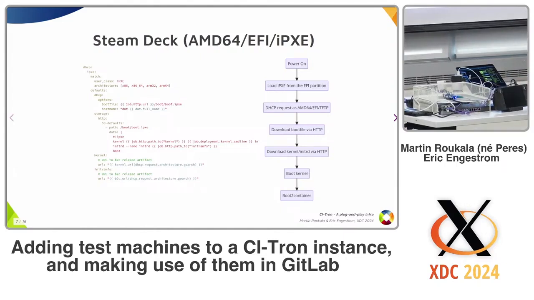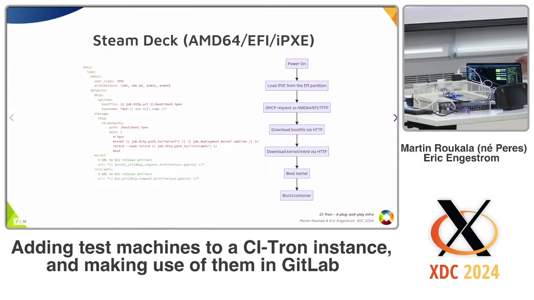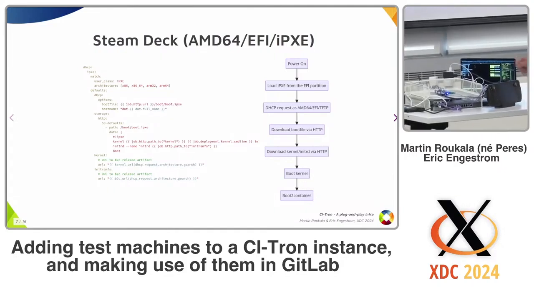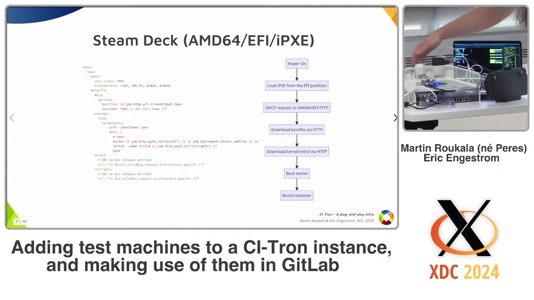We plug the network and serial console in. And in a bit, we'll press Discover on the dashboard, and it will turn on the PDU port that he just showed, and CI-Tron will wait for a new device to appear.